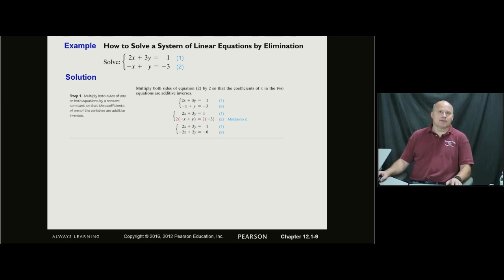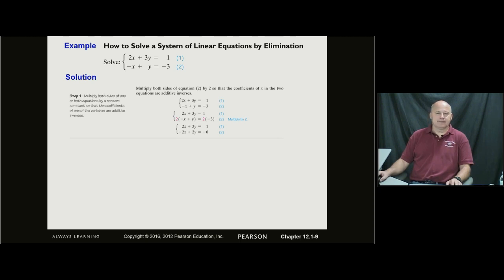And they have decided to multiply it by 2. So if you multiply it by 2, it becomes negative 2x plus 2y equals negative 6. They replaced the second equation with negative 2x plus 2y equals negative 6.